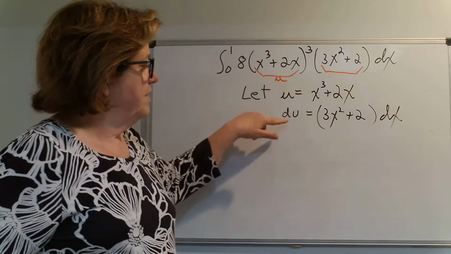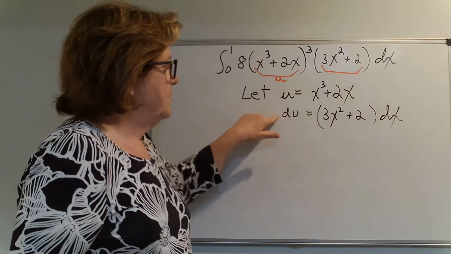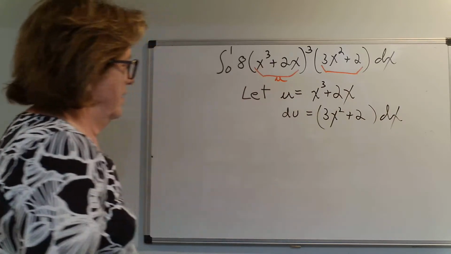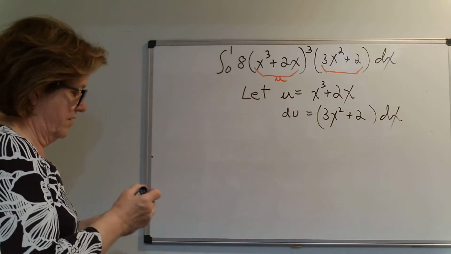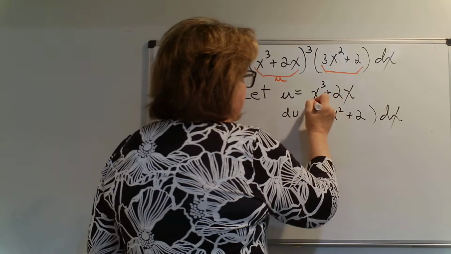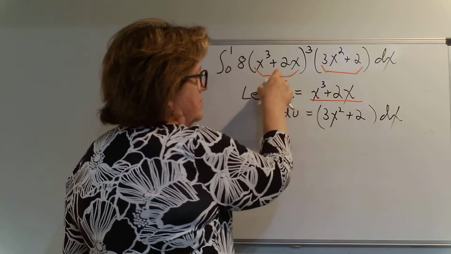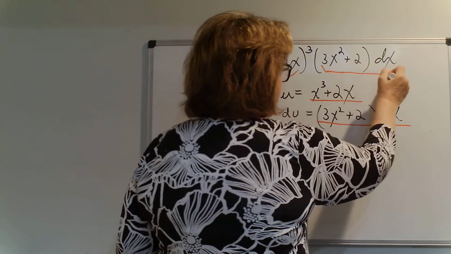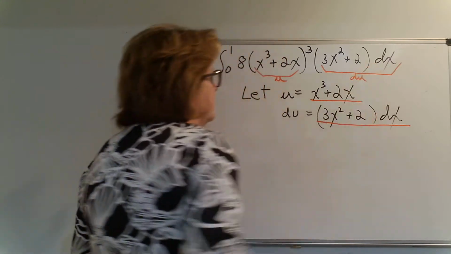So instead of putting du dx, I put du and multiplied both sides by dx. You could think of it that way. Notice that this is this, and this whole thing is du.